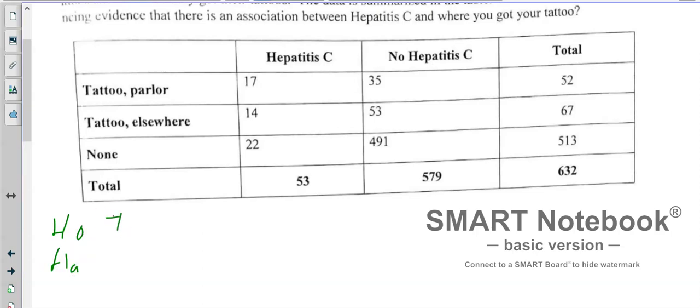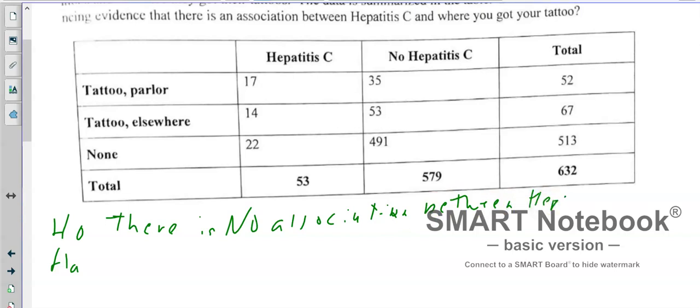So first one is, no, there is no association between Hep C and tattoo location.